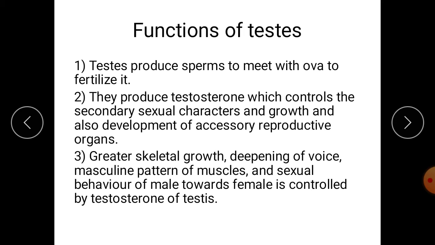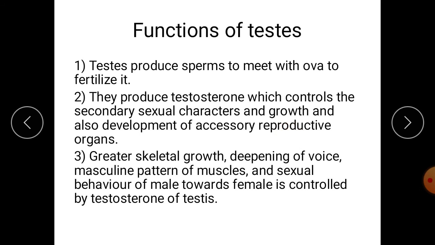Let us discuss the functions of testis. Testis produces sperms to meet with ova to fertilize them. For the fertilization of egg, sperms are necessary. They produce testosterone, which controls the secondary sexual characters and growth and also development of accessory reproductive organs.